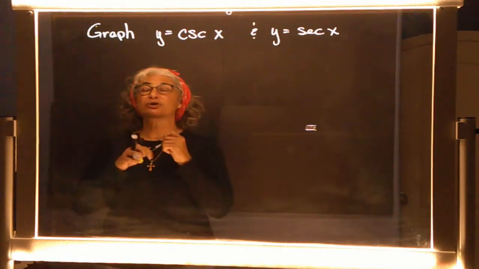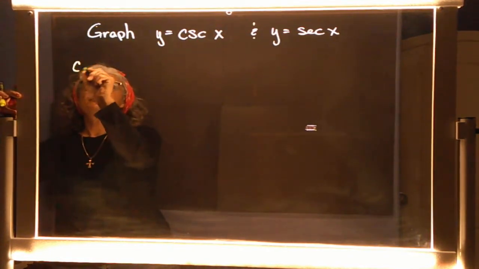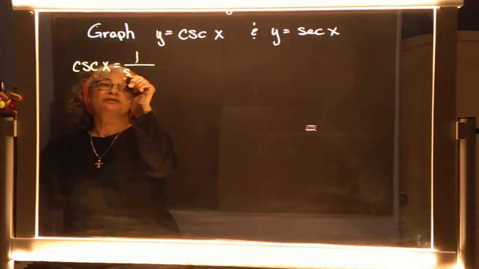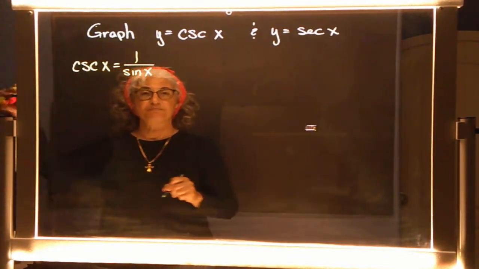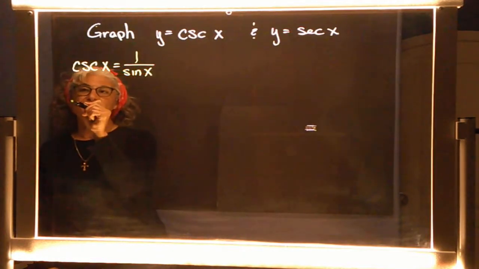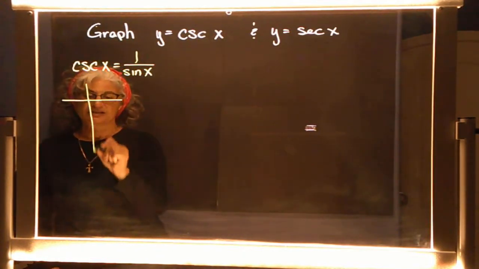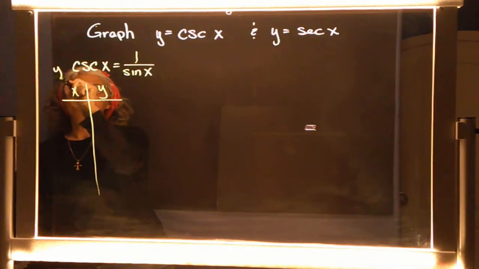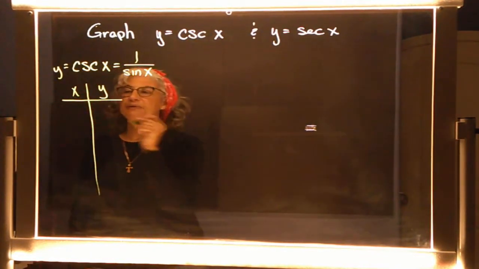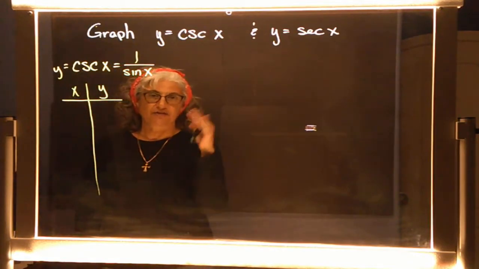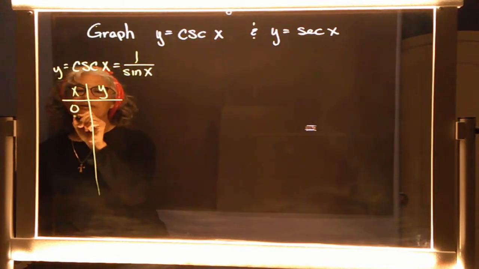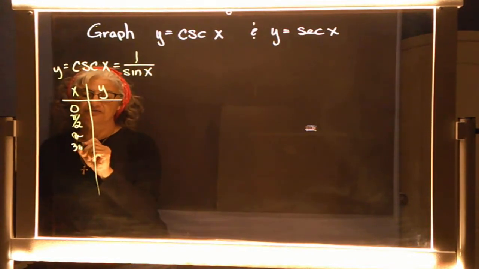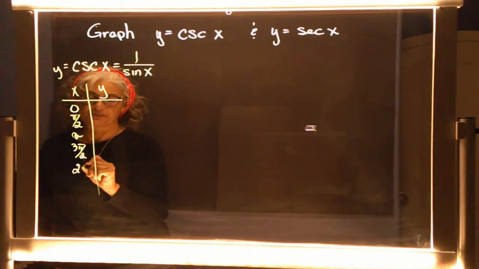When I talk about cosecant, what I have to remember is the cosecant is the reciprocal of sine. Agreed? So I should make myself a nice little table to help me remember. We have our typical thetas from our circle: 0, pi over 2, pi, 3 pi over 2, and 2 pi.